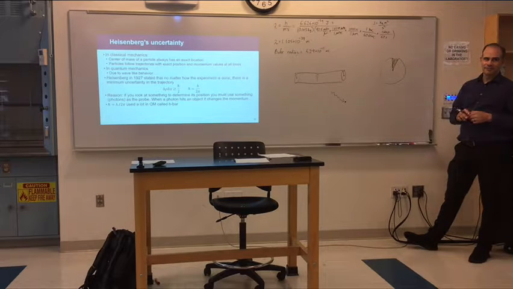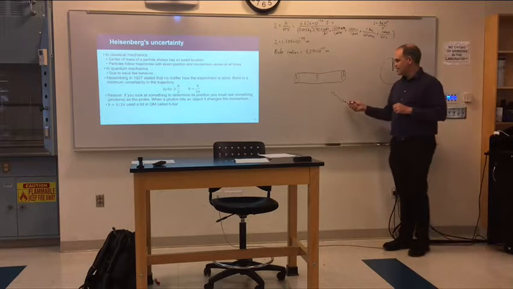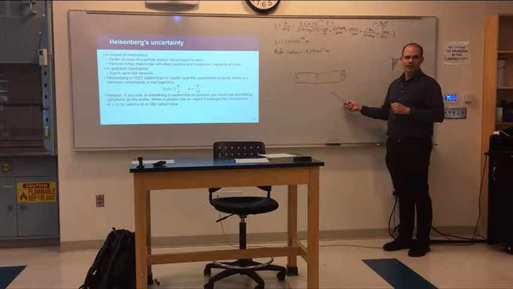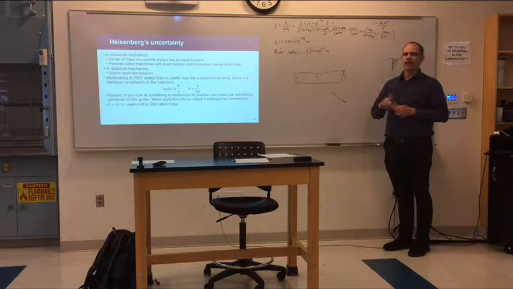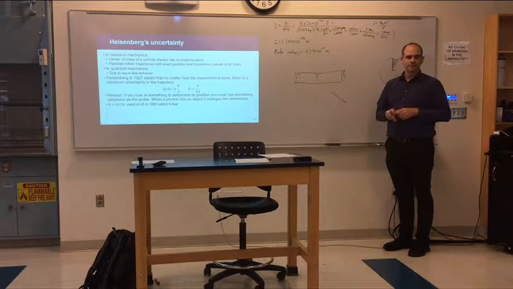But you don't know the momentum that it had originally. At the exact instant that it was at this location, you don't know what the momentum is, because by hitting it with a photon of light you can't know both at the same time. You can measure one, but you don't get the other.